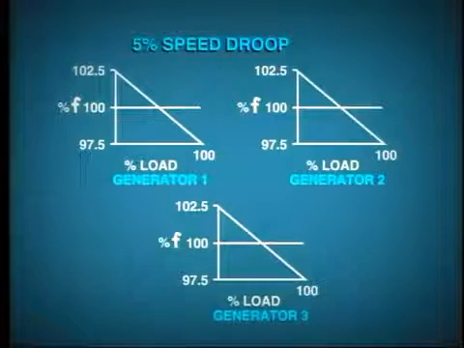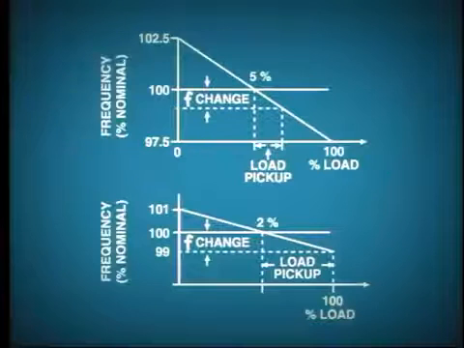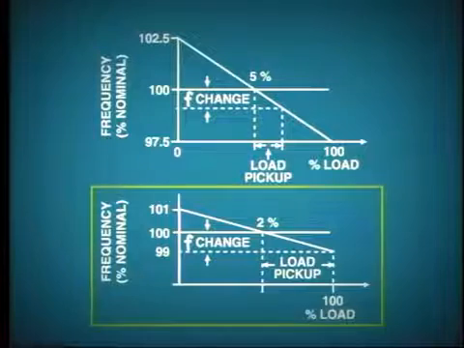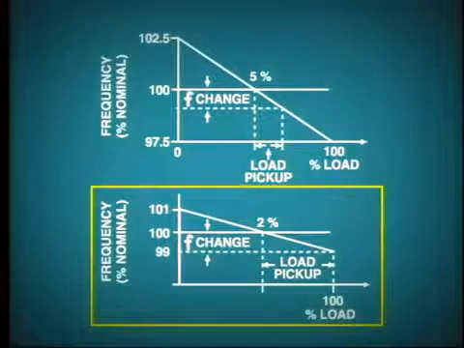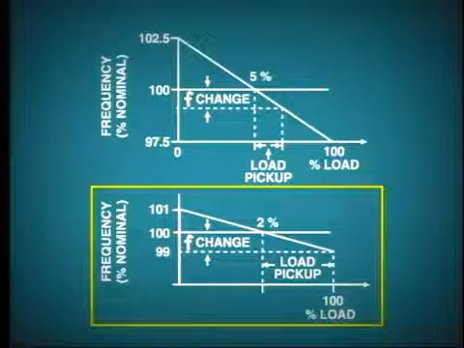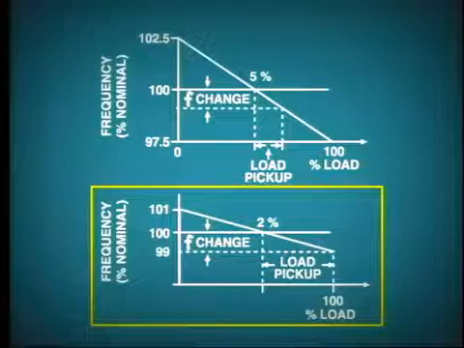However, we may wish to make certain units on the system more responsive to frequency changes than others. This can be achieved by setting the droop characteristic on those units to a lower value. The generator with the lower setting will pick up or throw off proportionally more load than the other generators on the system. Check with your supervisor for correct droop settings on your machines.